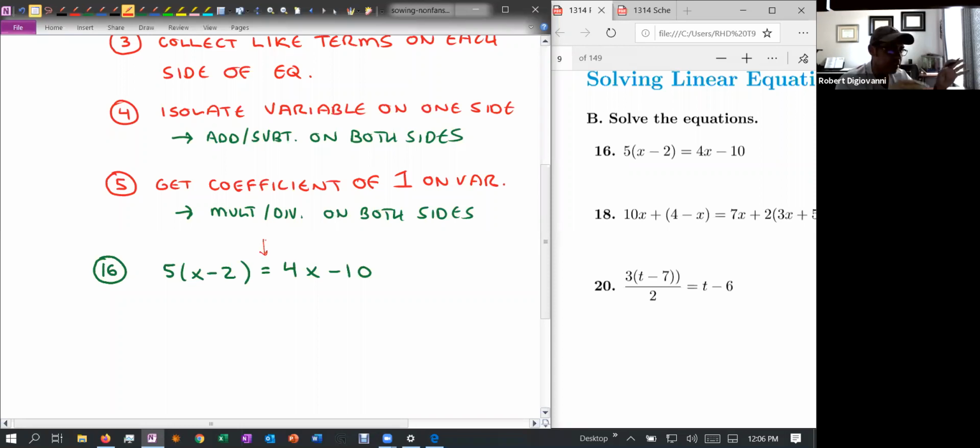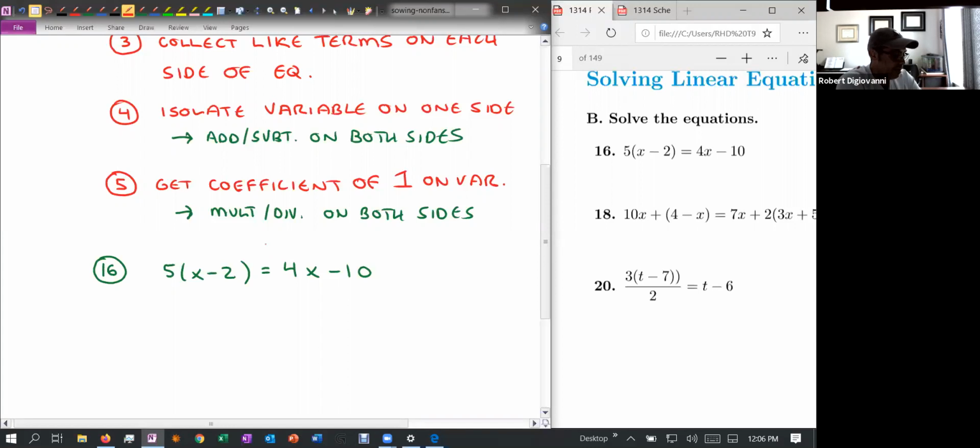It's not like there's an x and a y. It's the only variable there. So we only have one variable. Is that variable x raised to the first power? Well, it is because there's nothing written there. So we are looking at a linear equation in one variable. So the first step of the process is to make sure that's what you have.